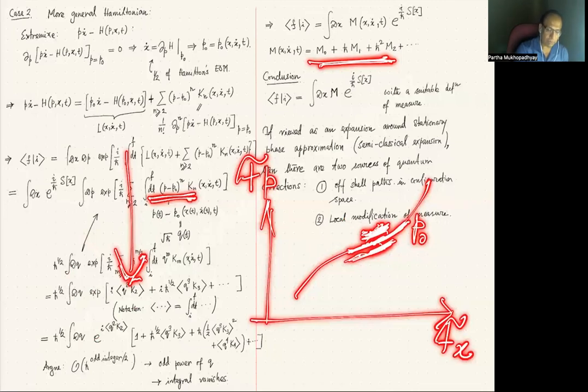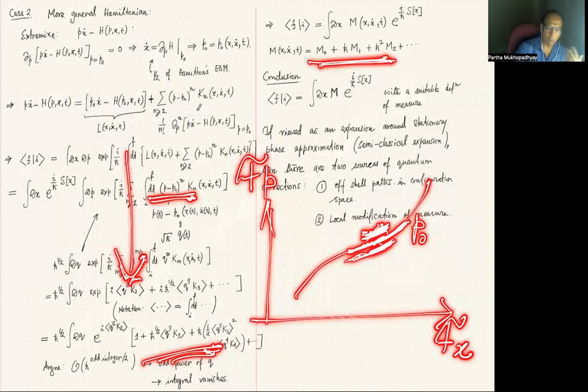If h bar is very small, then each higher order term, which is higher order in h bar, will be more and more suppressed, and therefore this expansion makes sense. So if your system fits into this formal discussion of the h bar going to 0 limit, then this result is meaningful for that system.